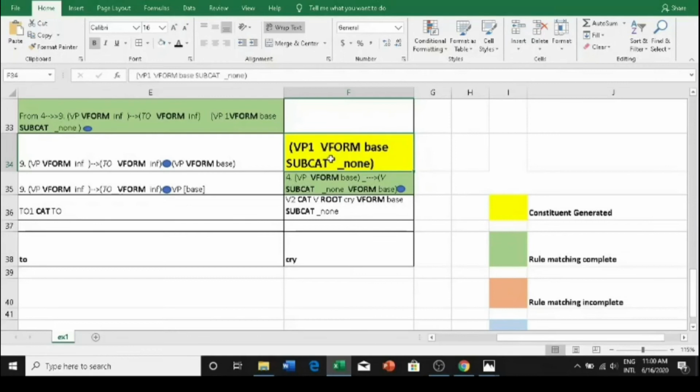So the left hand side of this rule is a vp constituent, so we will name it as vp1, and we know that by instantiating the right hand side, we got the vform value base, and they actually share this vform value, so that vform value is returned for this constituent also. And again, subcategorization information is also generated, right? So subcategorization is done.